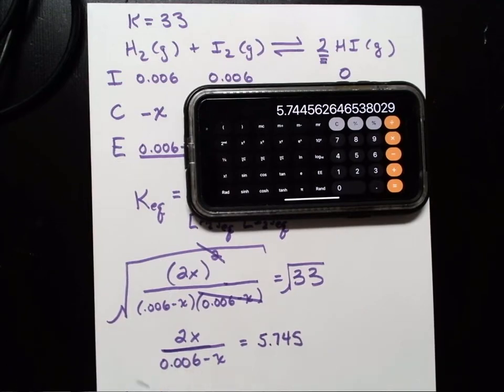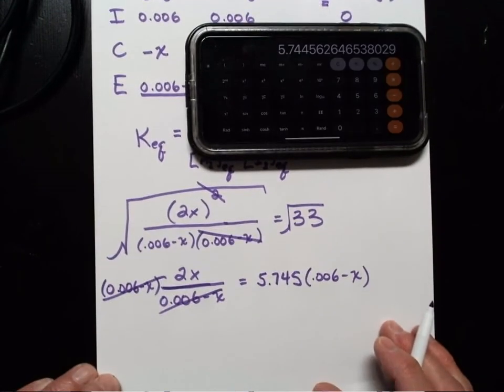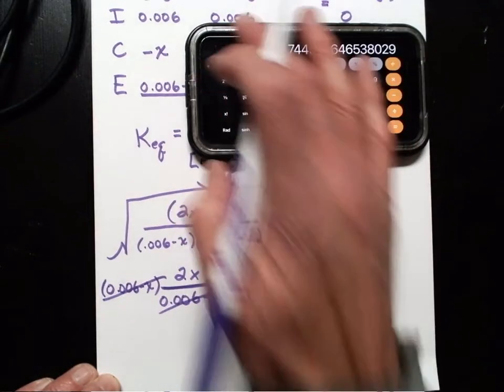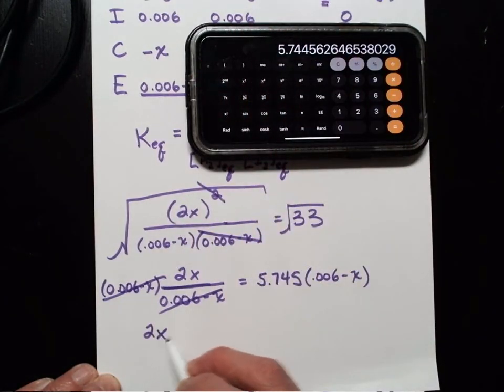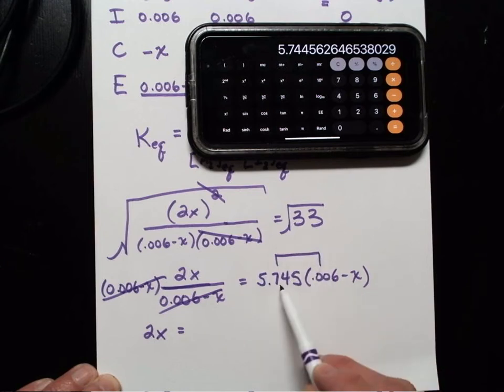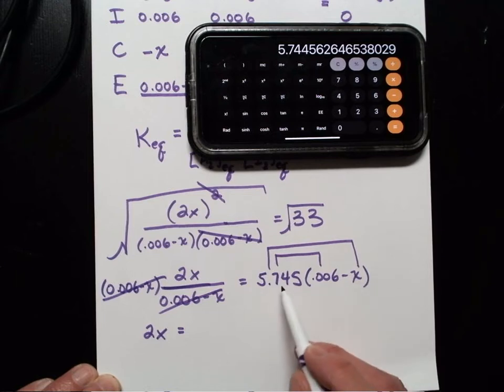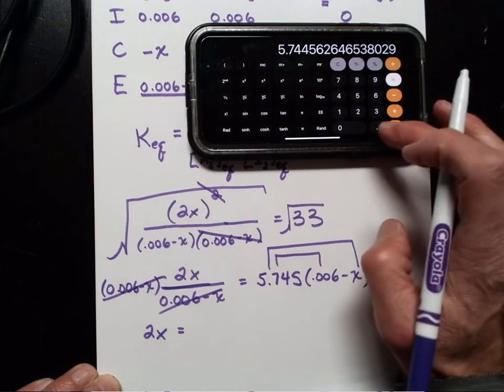Although I want to get rid of this denominator, so now I'm going to multiply both sides by 0.006 minus X. That cancels this. And that is now going to give me twice X is, okay, I've got to distribute here, so I'm going to do 5.745 times 0.006, and then I'm going to do 5.745 times a negative X. So what's 5.745 times 0.006?